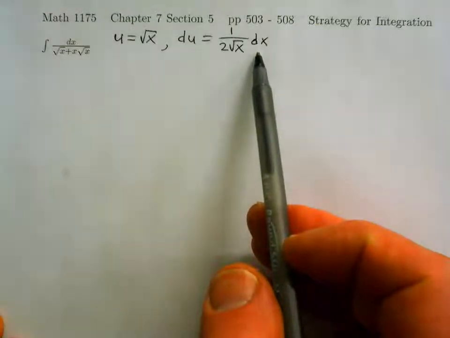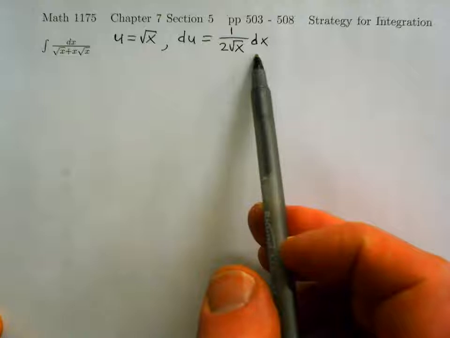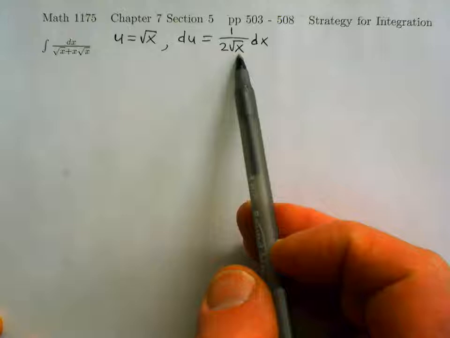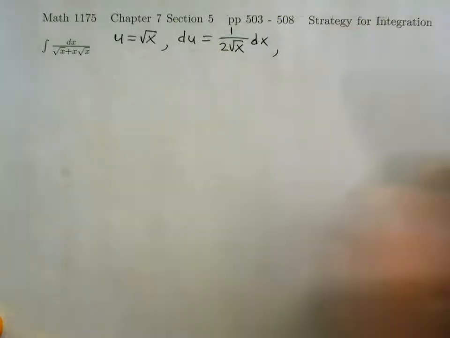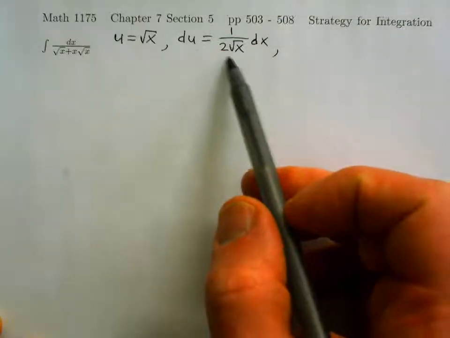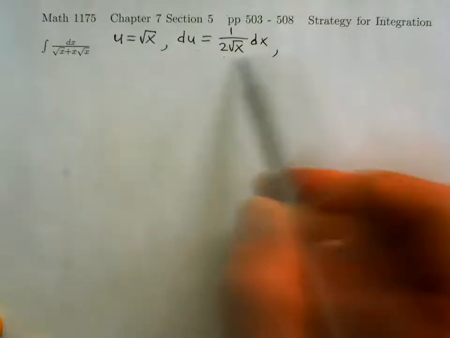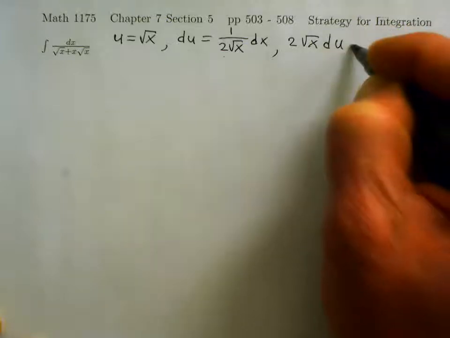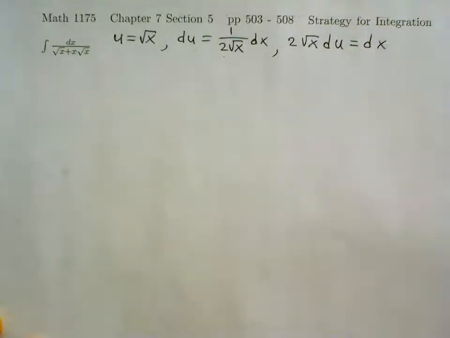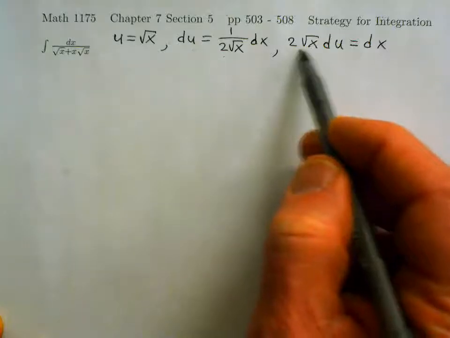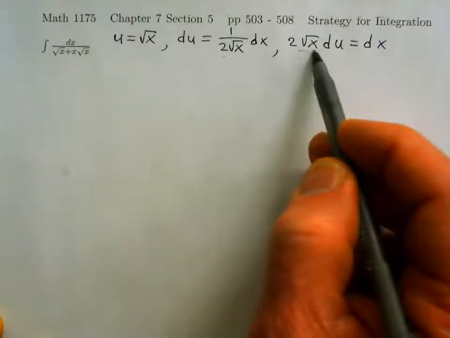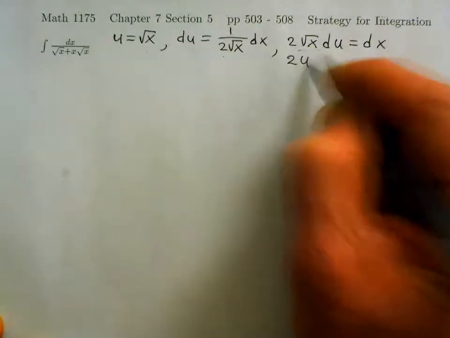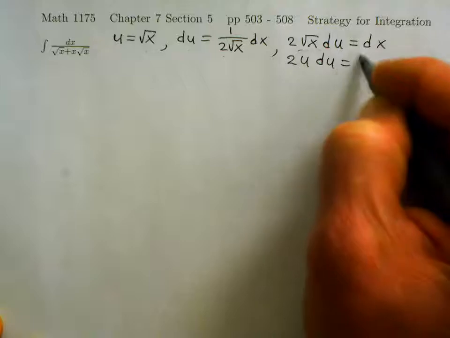So we want to solve this equation for dx, but remember that we're replacing the square root of x with u. I'll do this in a couple of steps. Let's multiply both sides by 2 times the square root of x. So we get 2 times the square root of x du equals dx. But we use our substitution, u equals the square root of x, so we write this as 2u du equals dx.